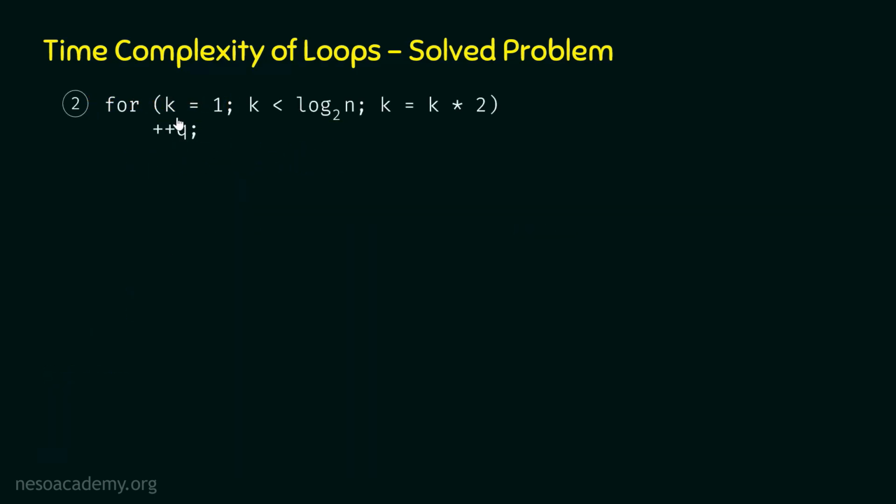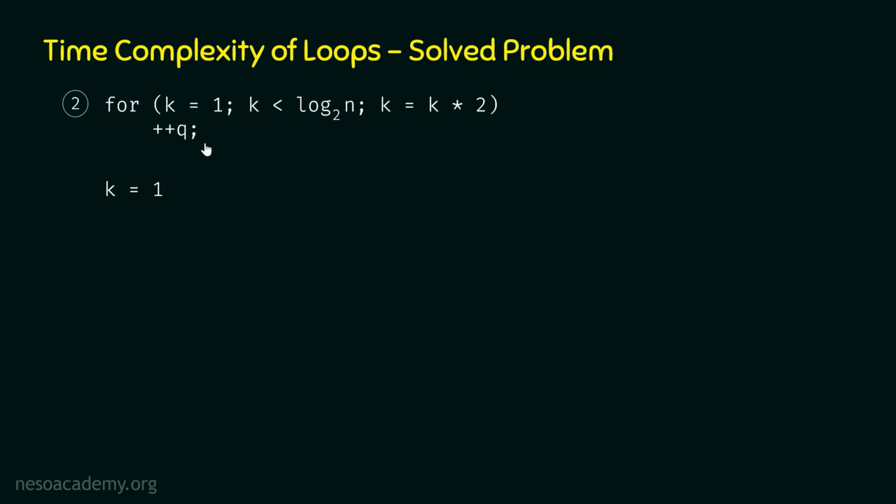We know in the first iteration the value of k is 1 because k is initialized to 1. After this, k is compared with log n base 2. This means 1 is compared with log n base 2. Can we say 1 is less than log n base 2? Let's assume 1 is less than log n base 2. So this condition is satisfied and hence this statement will execute.